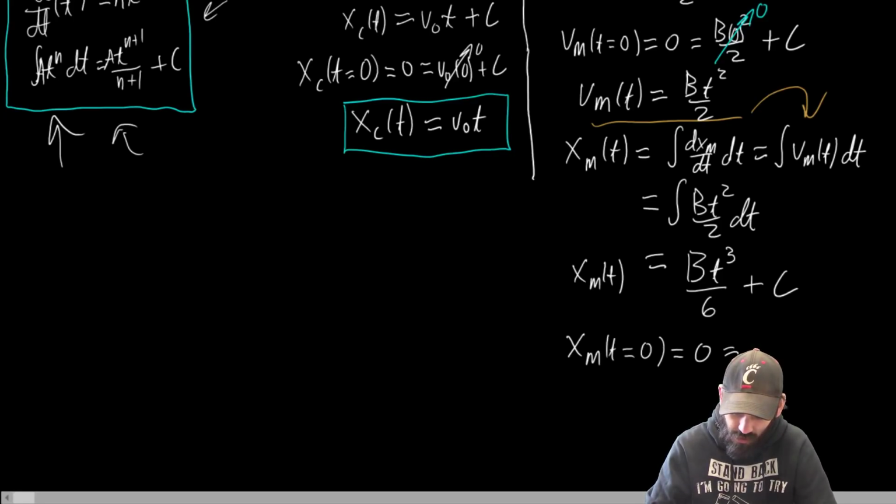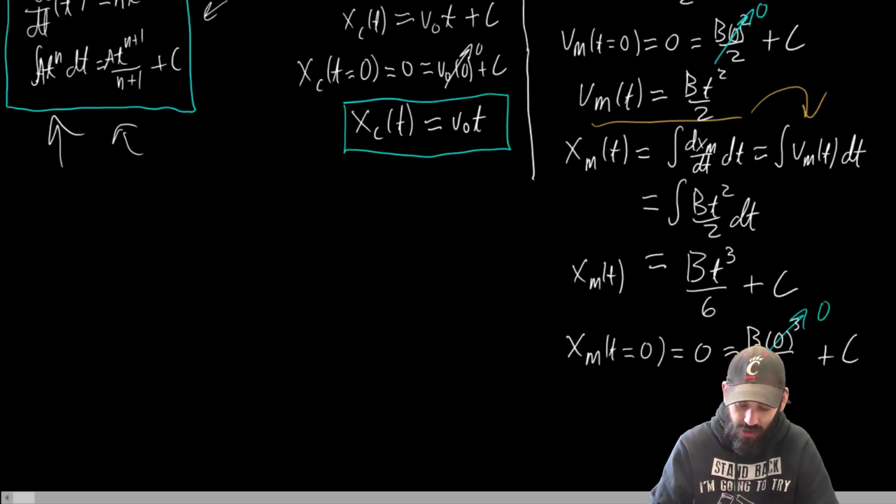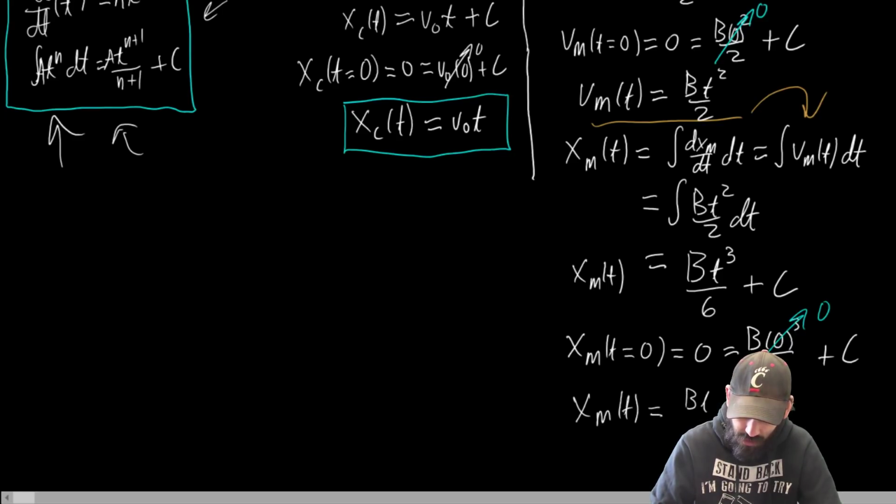And so this is going to be equal to b times 0 cubed over 6 plus c. This is 0, which says that this constant is 0. And so we have our final equation here: x_m(t) is going to be equal to bt cubed over 6.